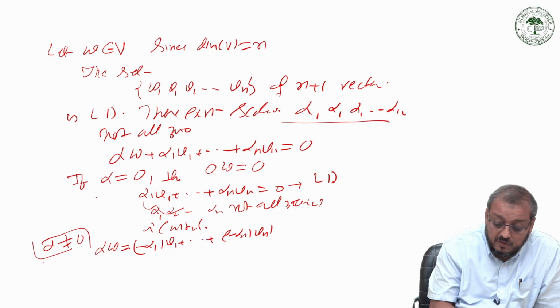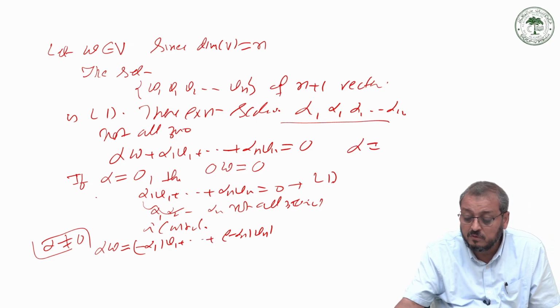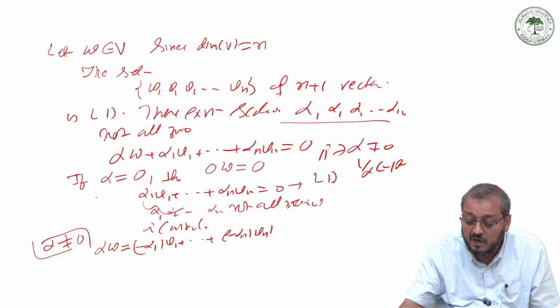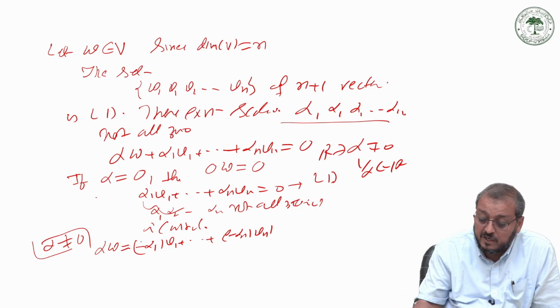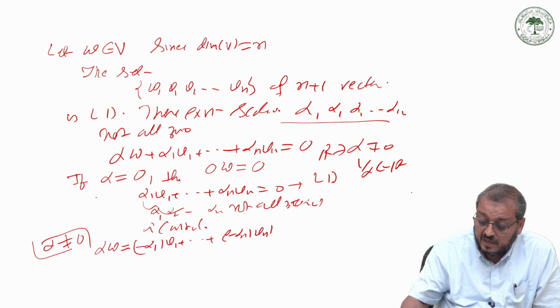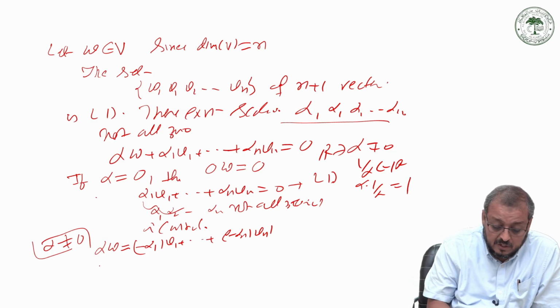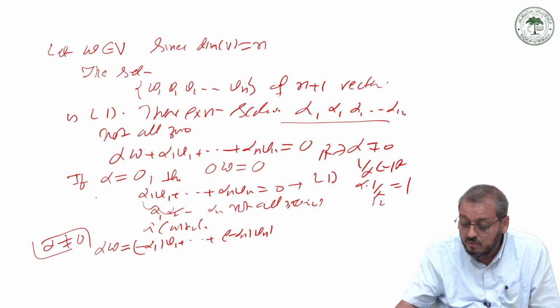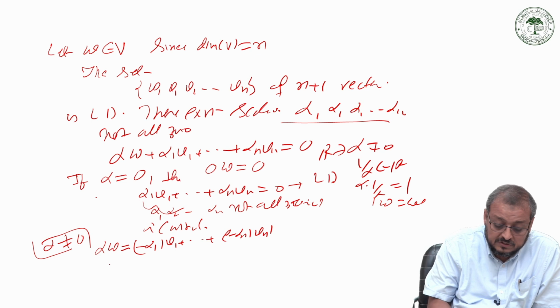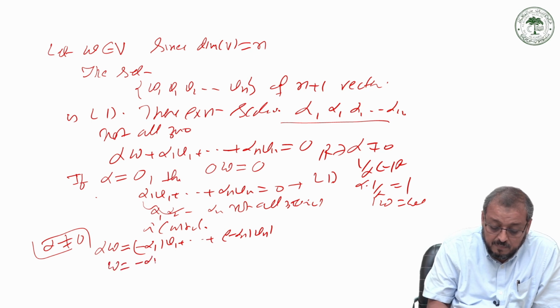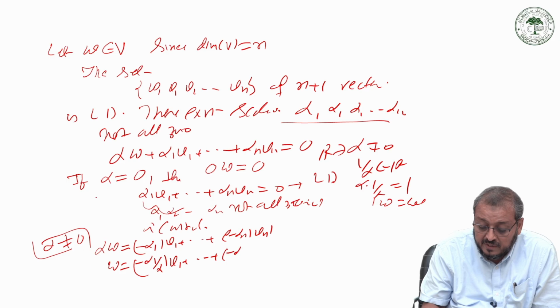Now alpha not equal to 0 means 1 upon alpha also belongs to R. So we multiply throughout by 1 upon alpha, and alpha into 1 upon alpha is equal to identity, 1, and 1 into w is w. So w is equal to minus alpha 1 upon alpha v1 plus so on minus alpha n upon alpha vn.